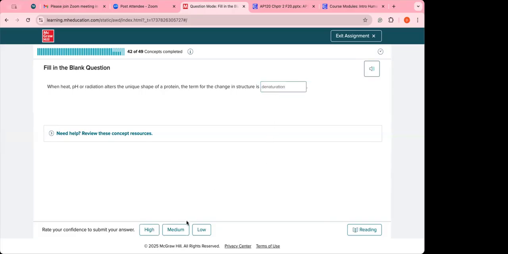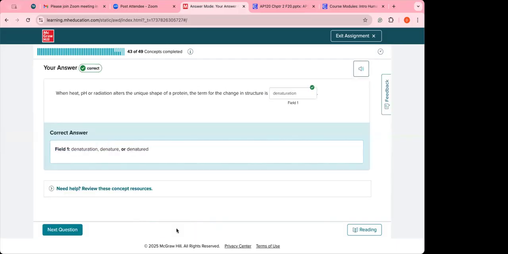Denaturation. It's asking you the same question in different ways, basically. It's asking you in different ways about denatured proteins. Okay, next question.